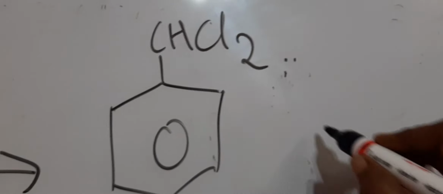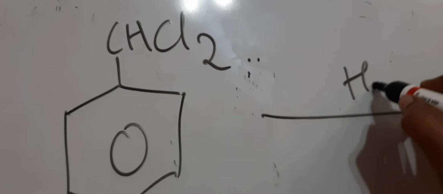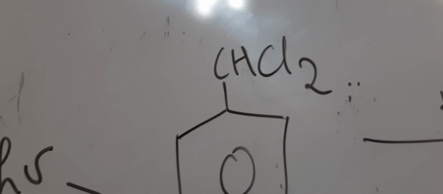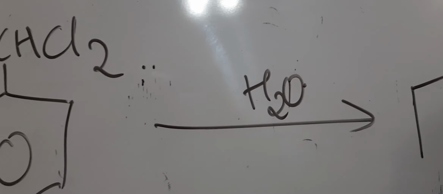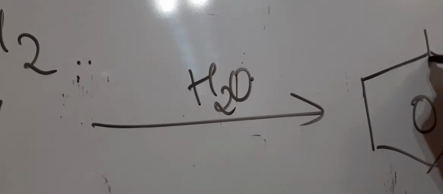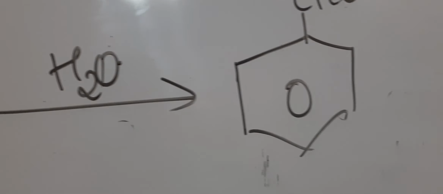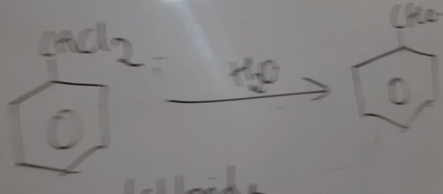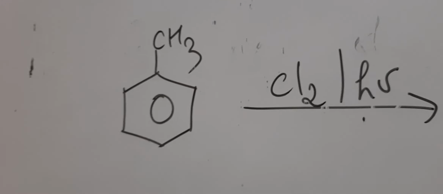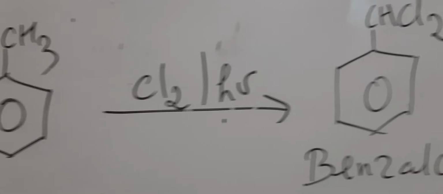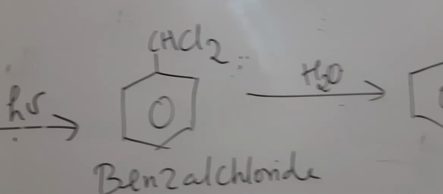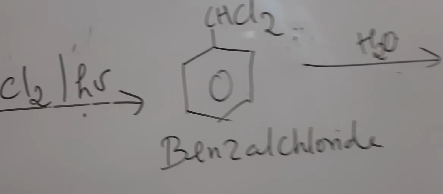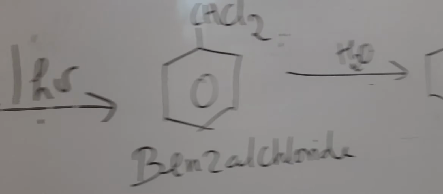Next this is hydrolyzed with water so that it gets converted to CHO. So first it is chlorinated in the presence of sunlight, and then hydrolyzed to get benzaldehyde from toluene. This is a commercial method of preparing benzaldehyde.